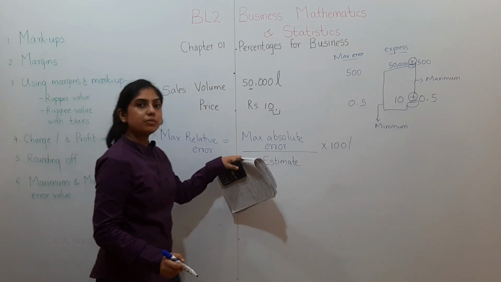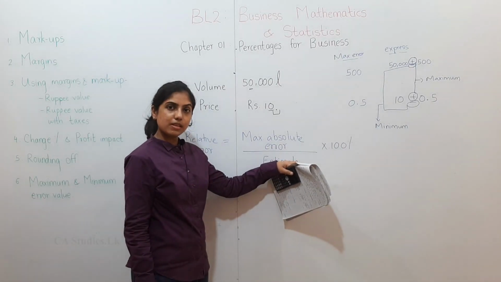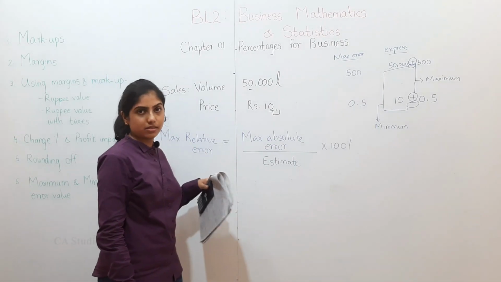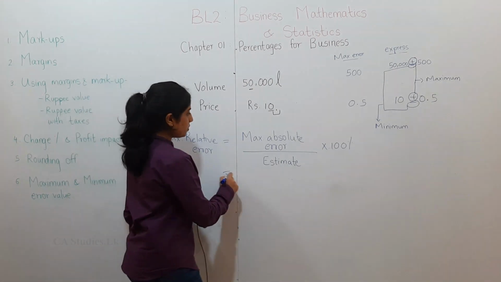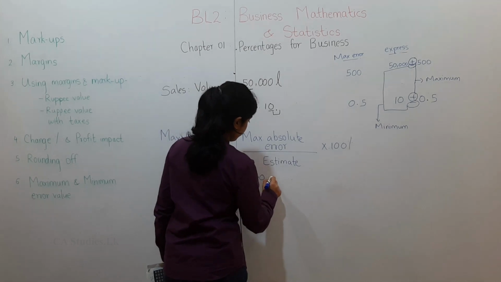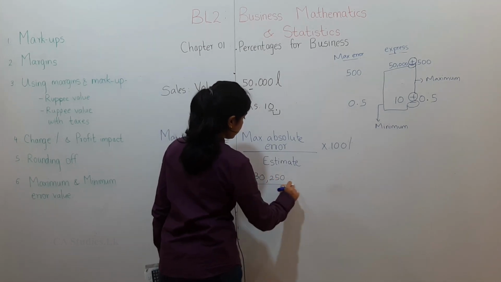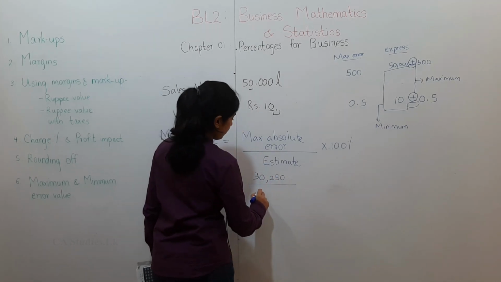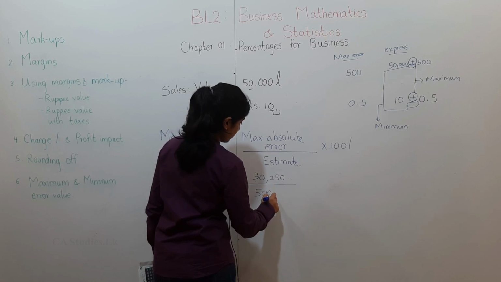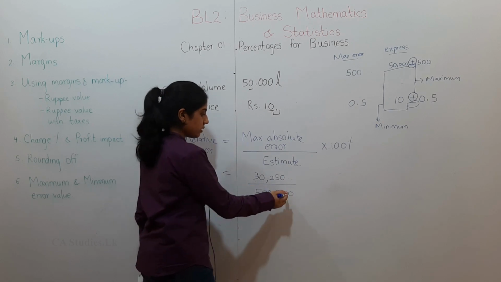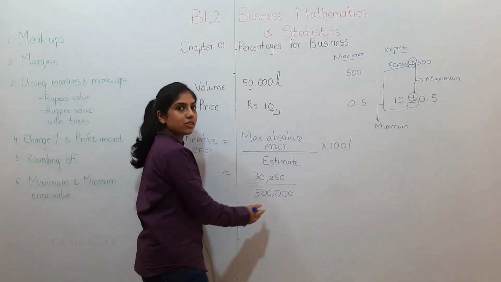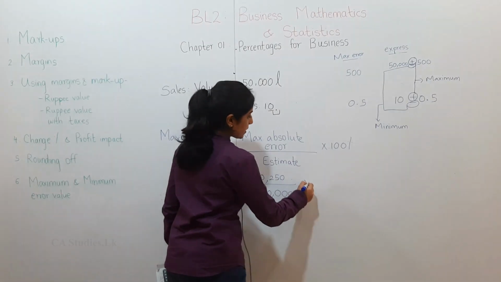Absolute error expressed in percentage terms is called relative error. Okay. So absolute error is 30,250. Your estimate is 500,000. This is for revenue, right? So take the total revenue as your estimate into 100.